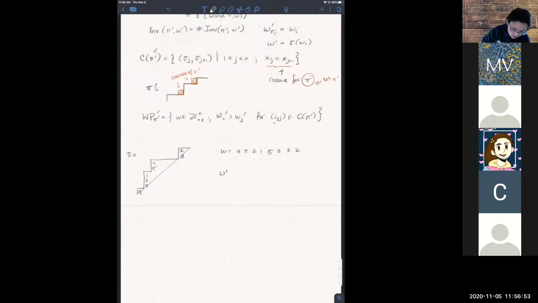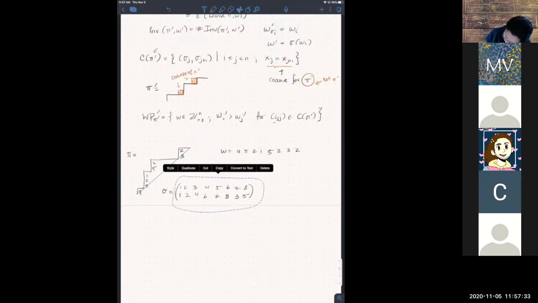W prime, so maybe I should tell you what sigma is. I'm not going to run through the full example, but here sigma is the permutation 1, 2, 4, 6, 7, 8, 3, 5.